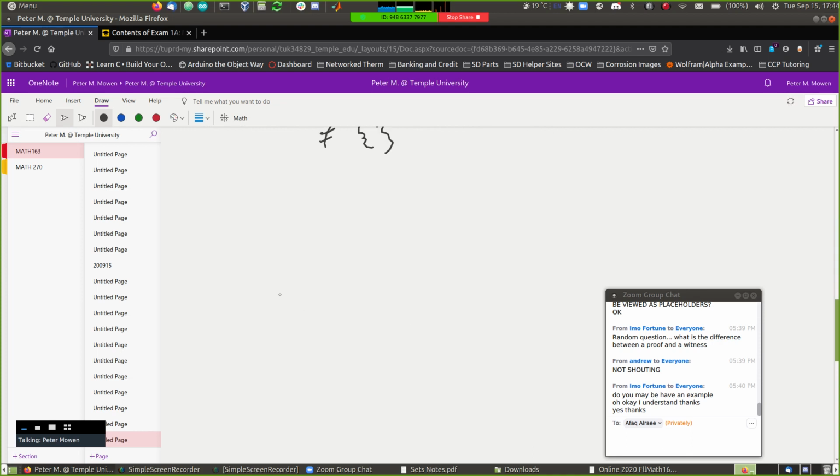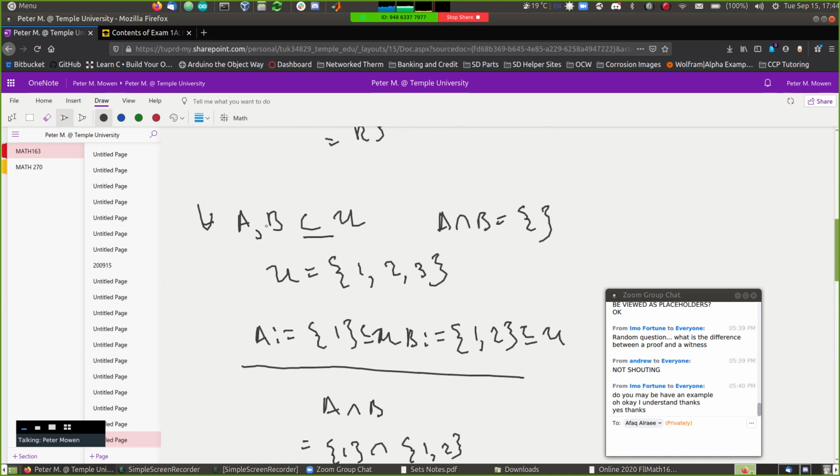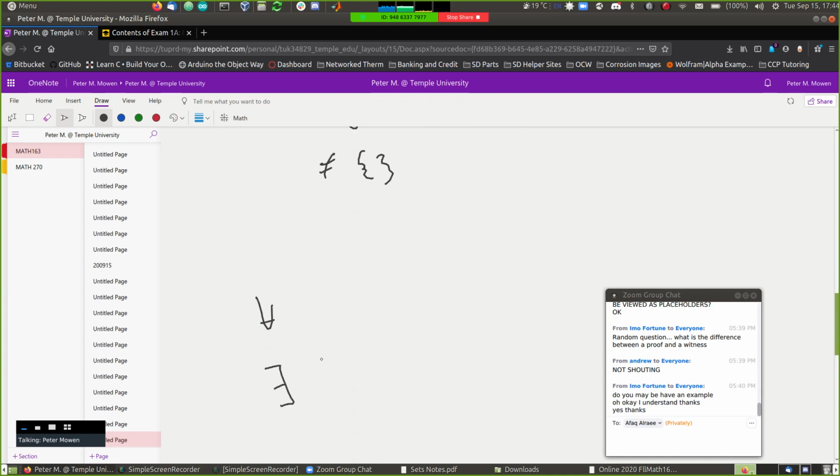Not necessarily. So I'll draw this table again. Sometimes there are arguments that say "for every," and sometimes there are arguments that say "for some." The argument up here was saying that for every A and B that's a subset of our universe, this is true. So it's a question of where it's "for every."